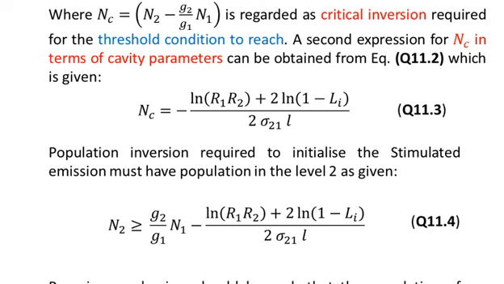So we have N2 greater than or equal to g2 over g1 times N1 minus log of R1 times R2 plus 2 times log of (1 minus Li), divided by 2 times sigma 21 times L. So this is what we have obtained: the value of N2, that is, the population in level 2, under some constraints as given by equation number 11.4.